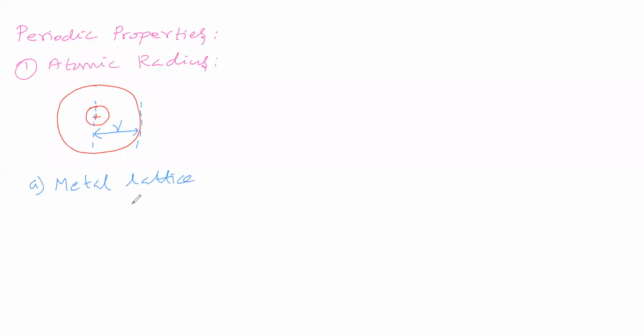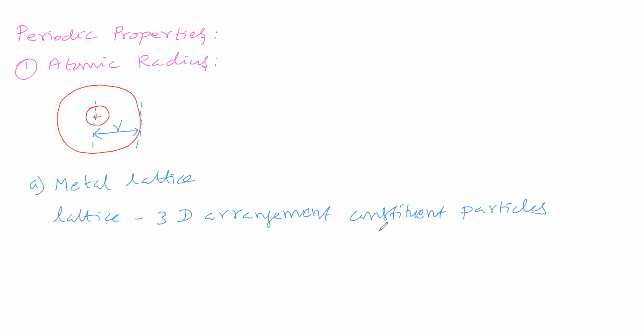So what is a lattice? A lattice is a three-dimensional arrangement of constituent particles. So lattice means three-dimensional arrangement of constituent particles.